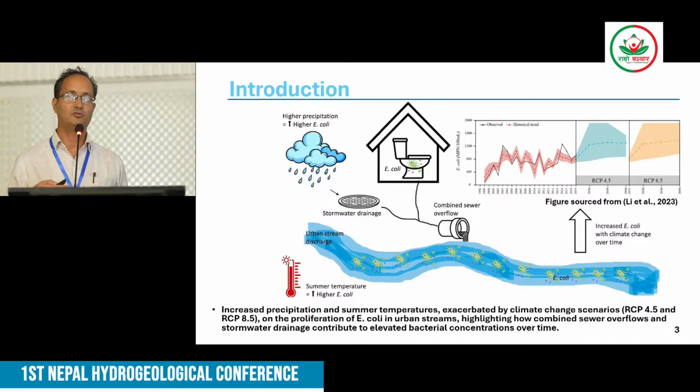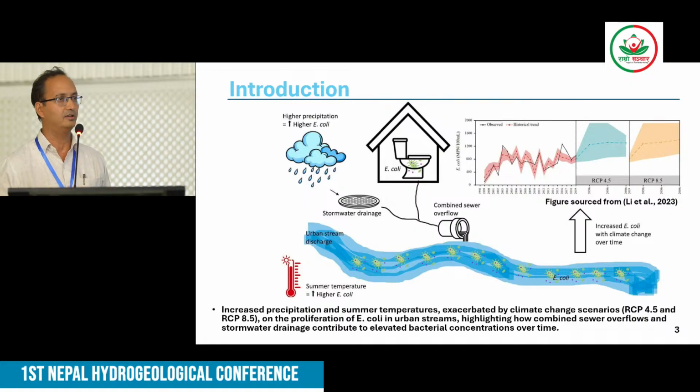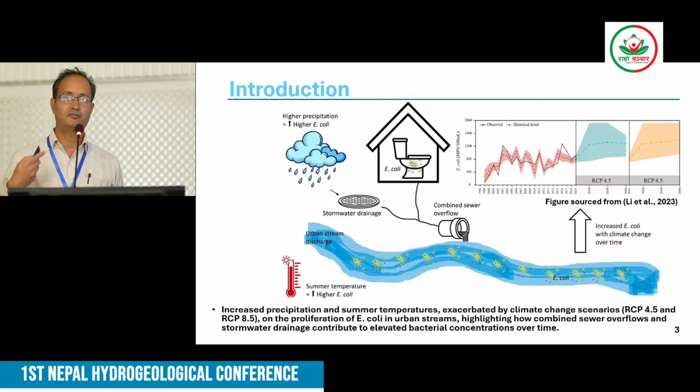Because of the increased rainfall and the increased temperature, that will elevate the microbial contamination in various sources. And that has even been indicated by the IPCC report. In the future scenarios also they have shown such increased contamination due to climate change. So I think this slide is also very relevant to our study here. So I use this slide here as a background.